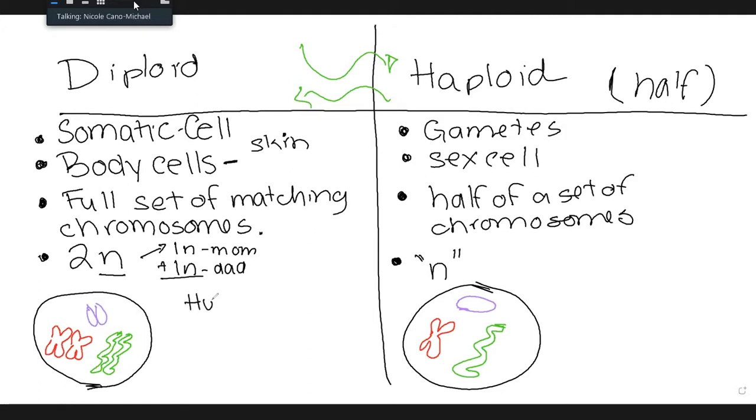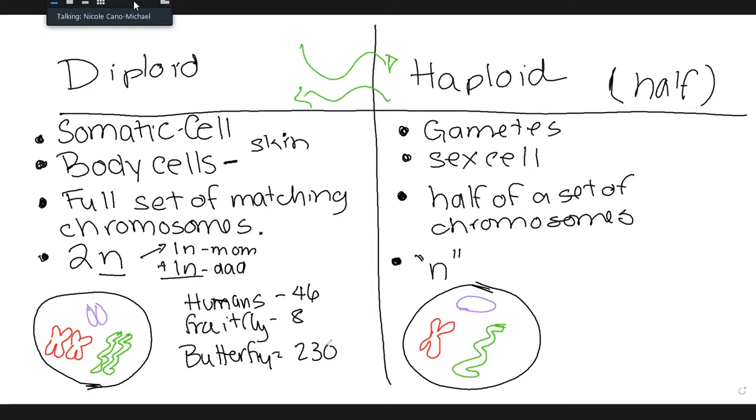So in humans, it would be 46. If I was a fruit fly, it's 8. If I was, I don't know, I think a butterfly, there's certain species of butterflies, it'd be 230, believe it or not.